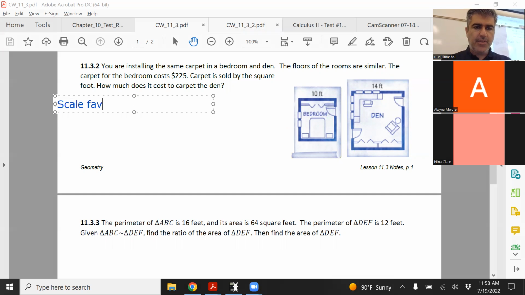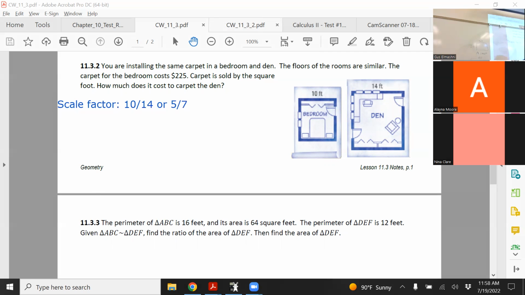The scale factor is 10 to 14 or 5 to 7. So that's the scale factor. Basically, whatever this is, you multiply by 5/7 to get this side, or vice versa, right? So you can do a proportion to figure out the remaining sides.